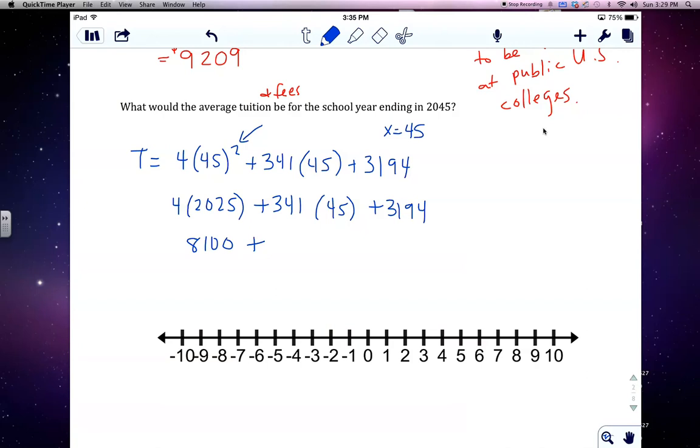Plus 15,345 plus 3,194. Add all the numbers together, and you should get $26,639. Let's double check that. I'm going to do it one more time.